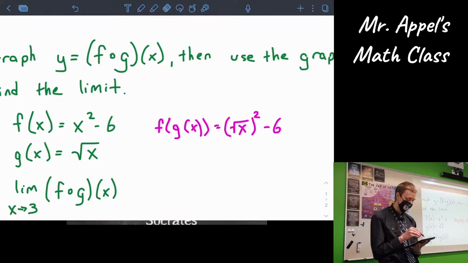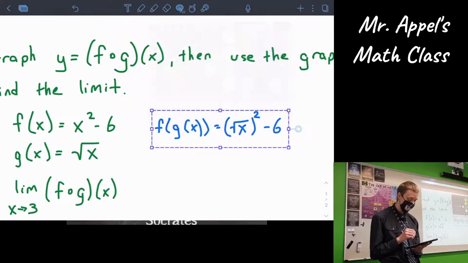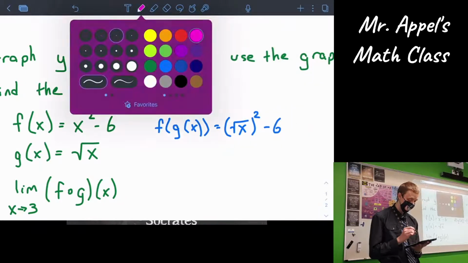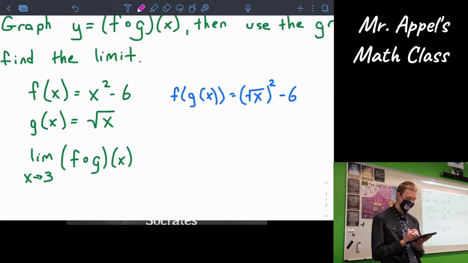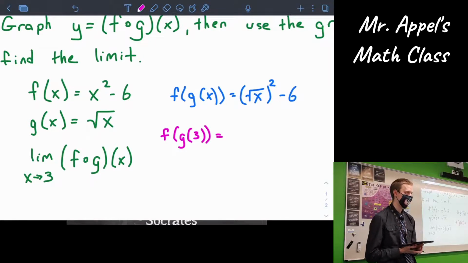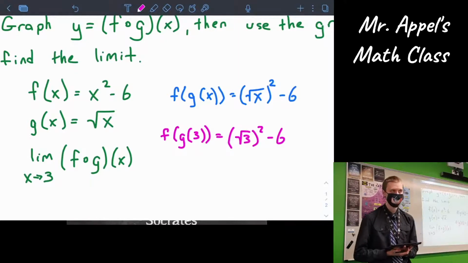Right? In fact, I don't need to make this pink. This is solid, right? We will be using that no matter what. But the pink, I'm going to say, alternate universe, what if we just tried it. Does it break anything? I don't know. Let's see, the square root of 3 squared minus 6.